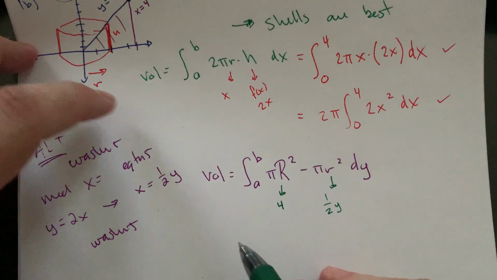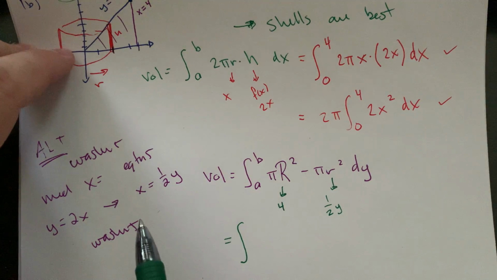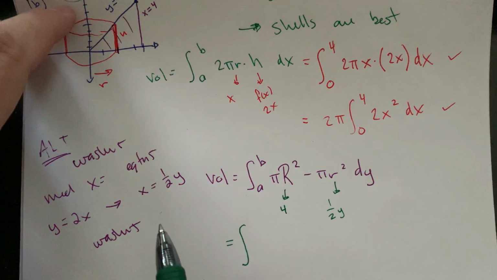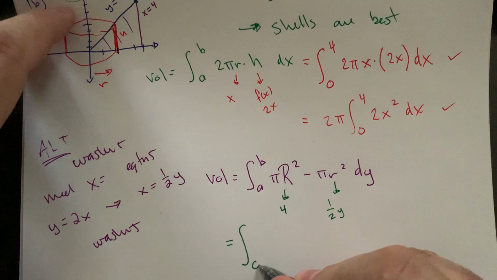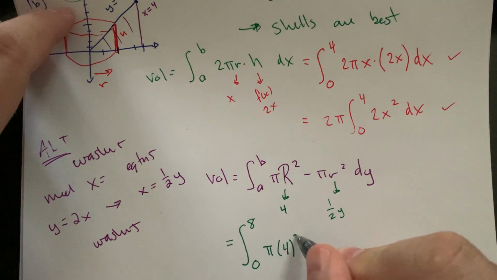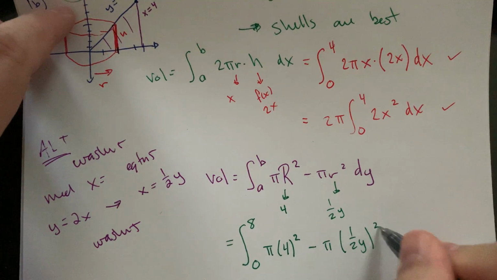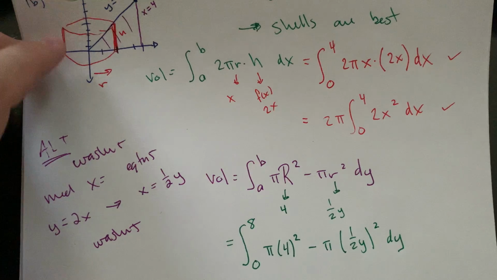So the volume here, along the y-axis, goes from 0 to 8 on the y interval. So 0 to 8 of pi times 4 squared minus pi times the quantity 1/2 y squared dy.